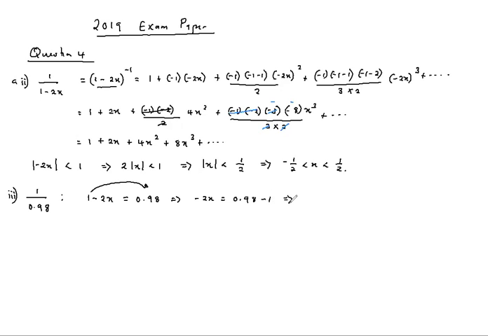That means that negative 2x is equal to negative 0.02. Then you divide by negative 2, you obtain x is equal to 0.01.